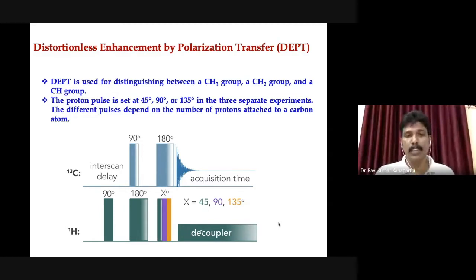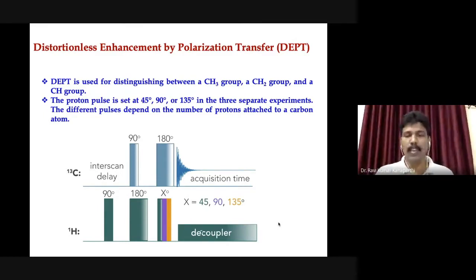So this particular technique, I have already given a little bit of explanation, is really useful. In the simple C13 NMR spectroscopy, we get a carbon 13 spectrum irrespective of whether the carbons are primary, secondary, tertiary, or quaternary. All the carbons will give NMR signals.